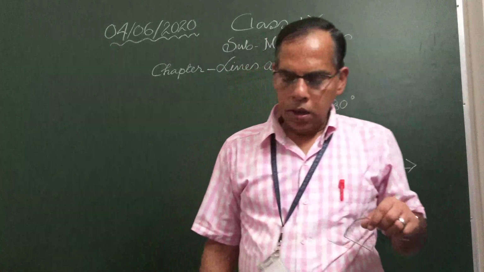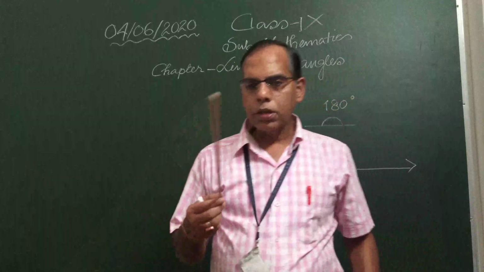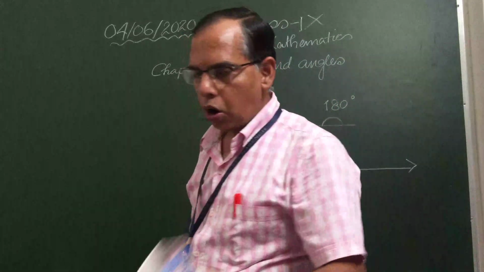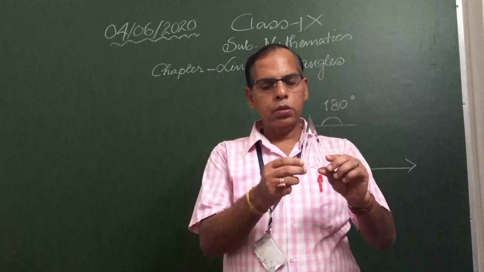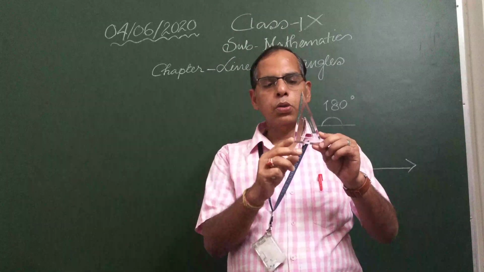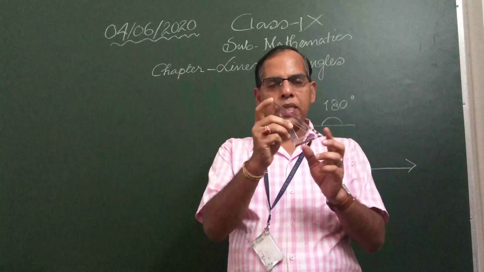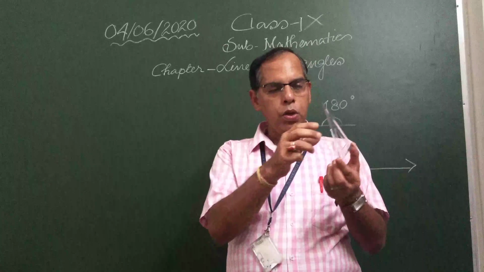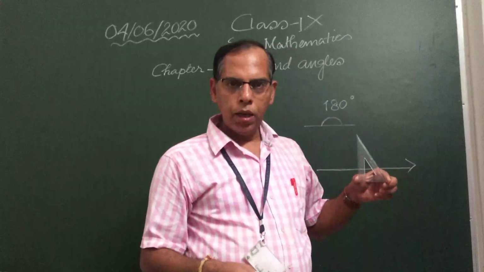Then you see, I only told you about a scale or a cuboid box. See, this one also has angles. This is an angle, this is an angle, this is an angle. If these angles are not measured properly, will it look like a right triangle?